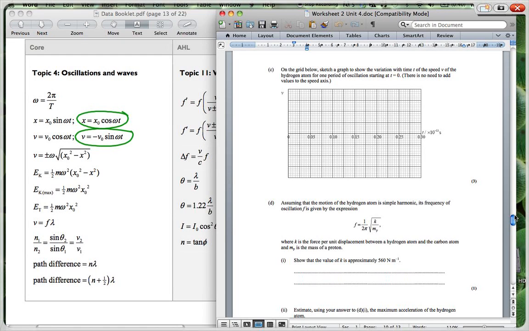So from this, our velocity will be minus the sine graph. We've got this v0 value. They say there is no need to add values for the speed axis, so we can choose our values as we like. But we're going to go minus.